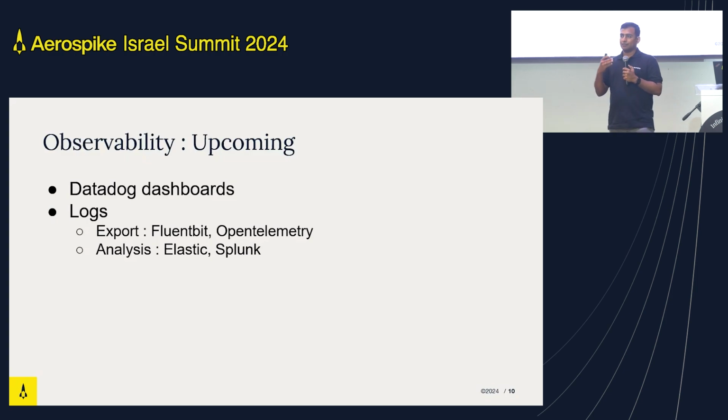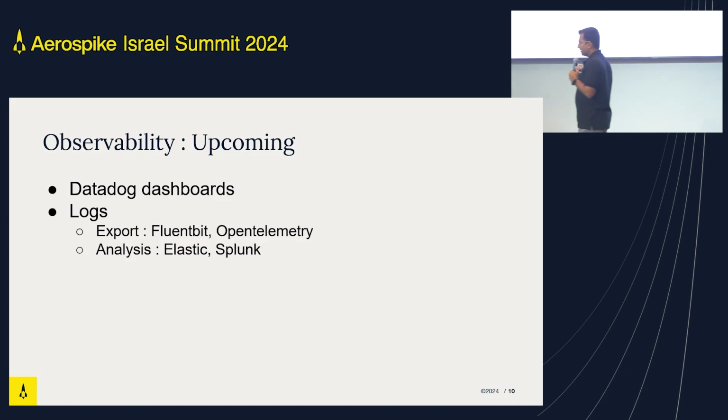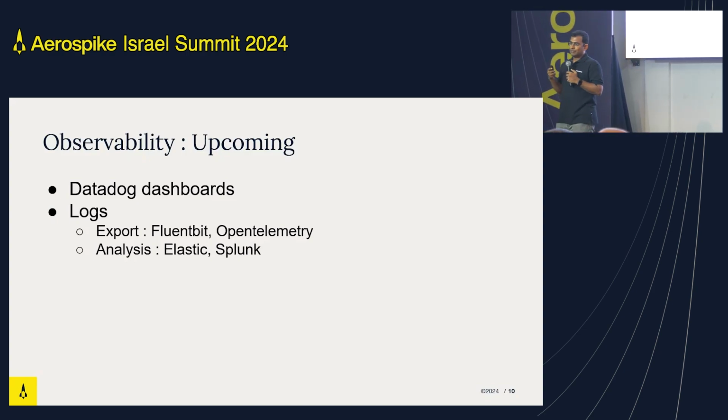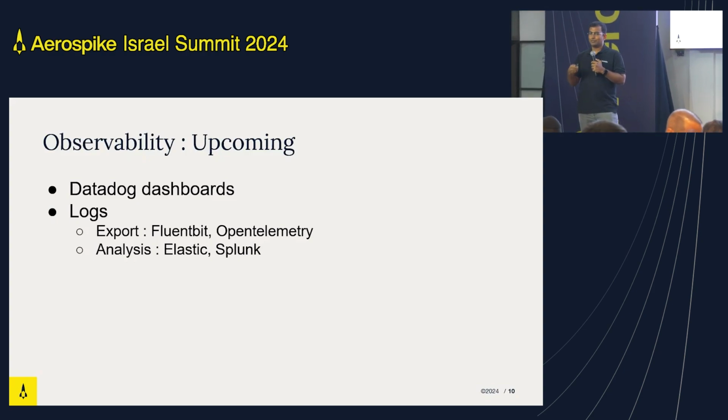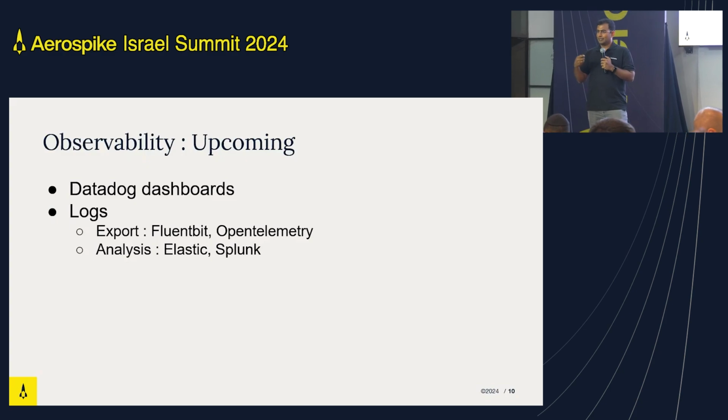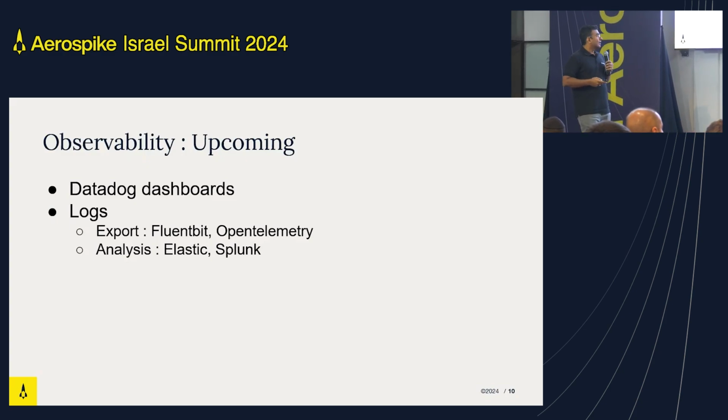One good thing with OTel is that you can send this information from the Aerospike exporter to an OTel collector, and that collector in turn can forward to whatever your end system is. The analysis can be done in Elasticsearch or Splunk. These are existing systems, and we will have a guide on how to consume, how to create indexes, create your own dashboards, and so on.